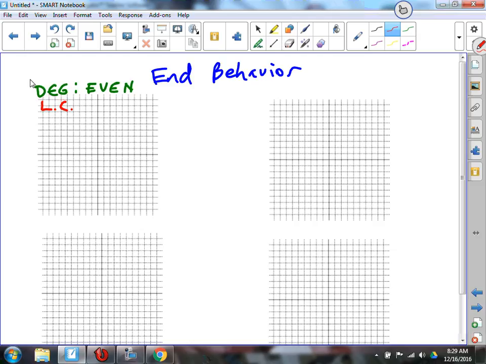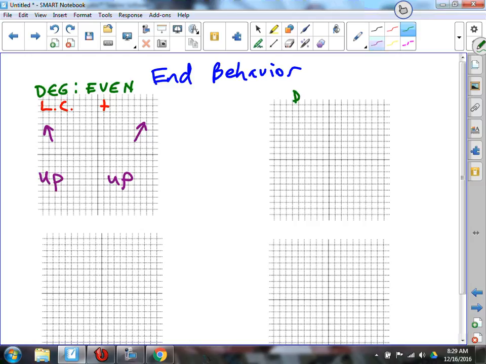So the deal is, when my leading coefficient is positive and the degree is even, the graph's going to do the same thing on the ends, and it's going to be heading up on the right and up on the left. And for now, if we were in Mr. Englehart's class, he would slap us for saying this. He does not like when I say this. But we call this end behavior up, up, for now. We're going to use better terminology later on, but for now we're going to say the end behavior is called up, up.